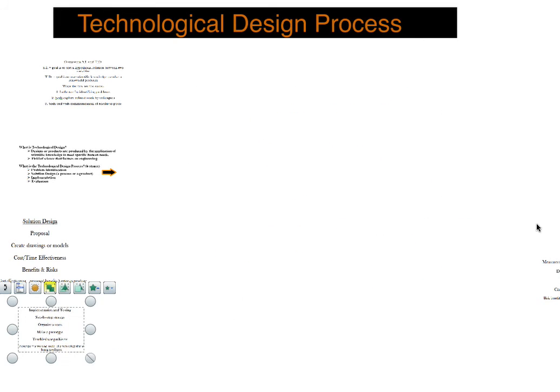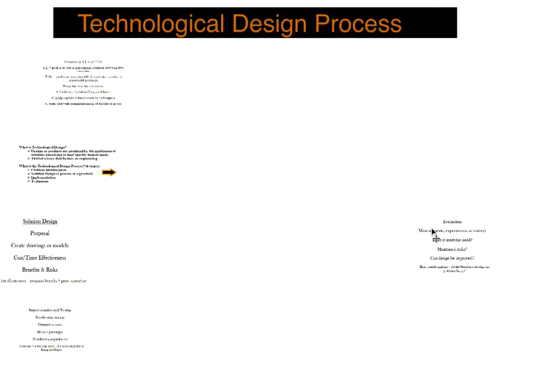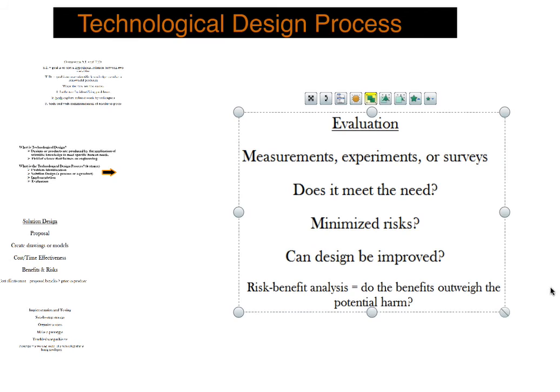And the final stage of technological design is evaluation. So you're going to make measurements, do experiments or surveys to determine if your results are accurate for your prototype. And you're going to ask, does it meet the need? Does it have minimized risk? So is the person that drives this car going to be safe?